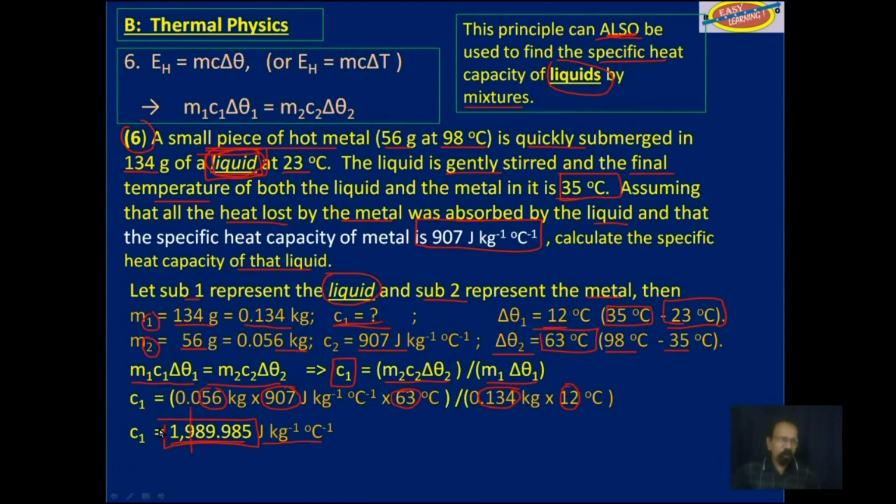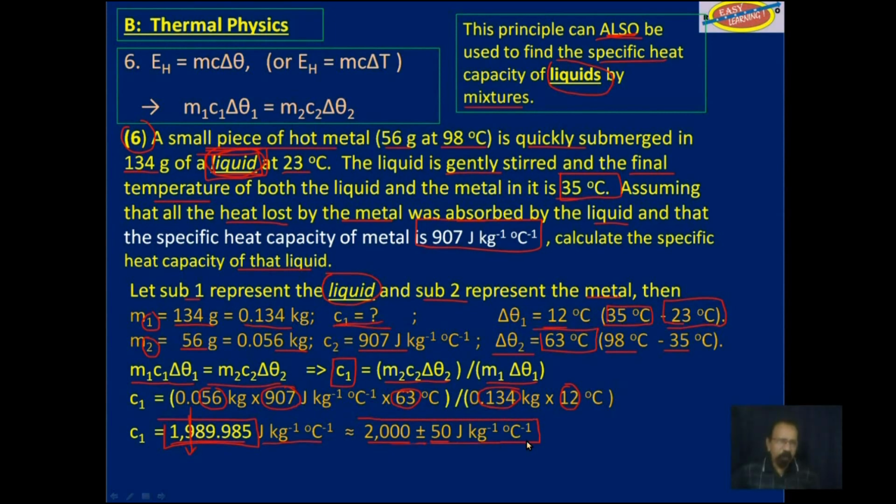We will have to round off at this point. So we get 2000, and because we are rounding off at the hundredths position, we take half of that hundredths position, which is 50, and so our uncertainty is plus or minus 50 joules per kilogram per degree Celsius.